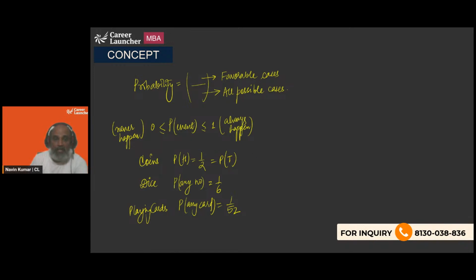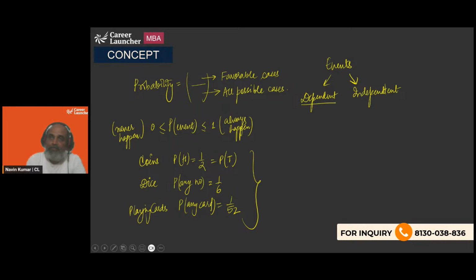Okay. Now, there are certain types of events that also decide how we should proceed, what should be our thought process when we are solving a problem. Any event is either going to be dependent on the other event or it's going to be an independent event. Okay. Dependent event.